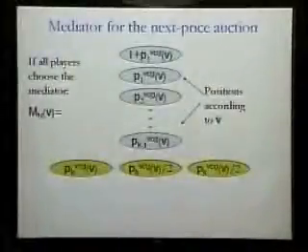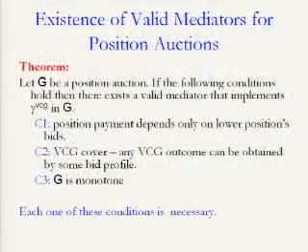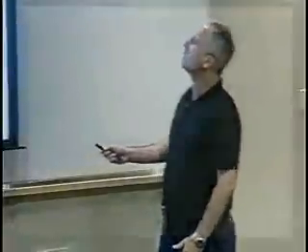It turned out that there are auctions where it can be done, and auctions where it cannot be done. I apologize, I prepared something too long. So this is the theorem. It's an if and only if theorem that says the following. Let G be a position auction.